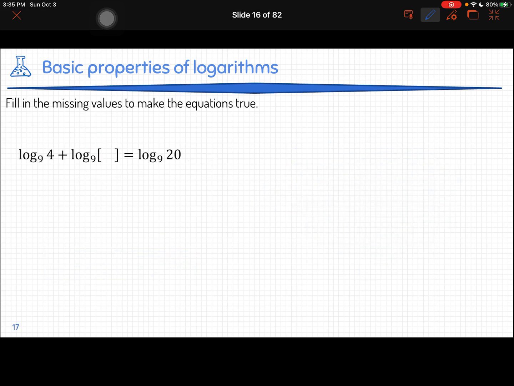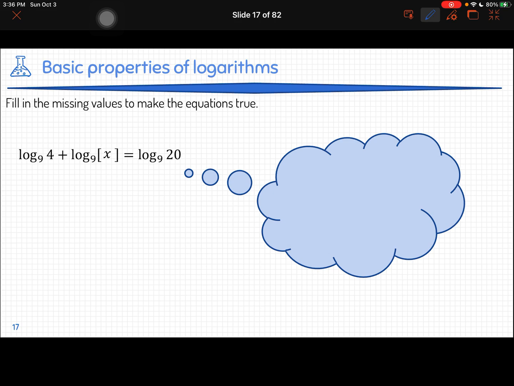Now let's see the second equation. So we have the logarithm base 9 of 4 plus the logarithm base 9 of something that is missing here, and that is equal to the logarithm base 9 of 20. So I'm going to fill in the space with an x, and then we need to think that we have an addition of two logarithms.